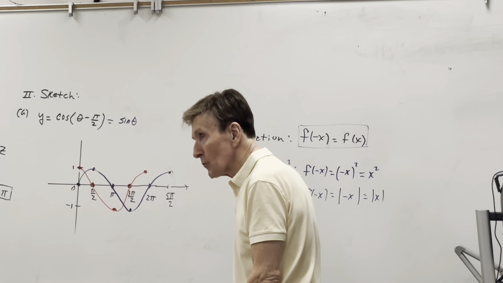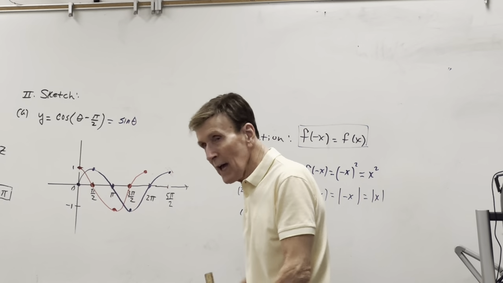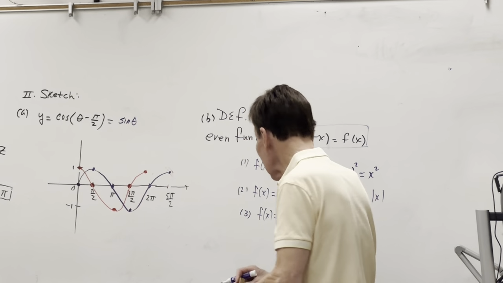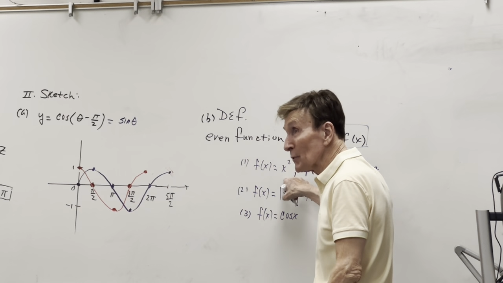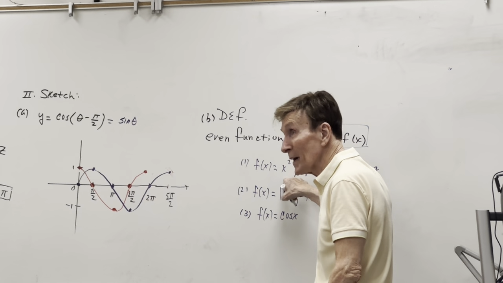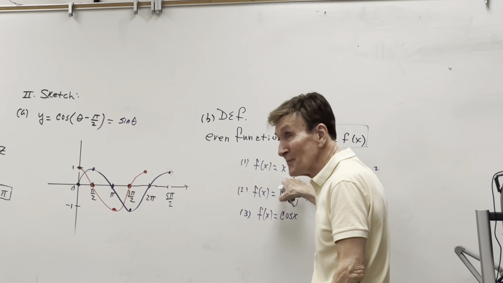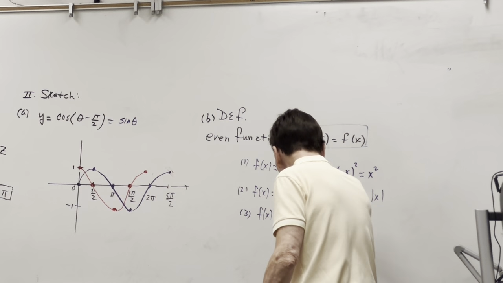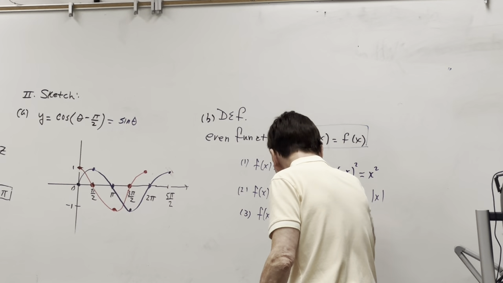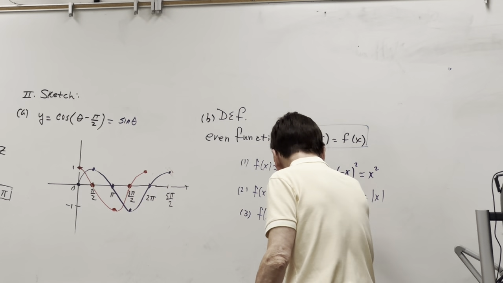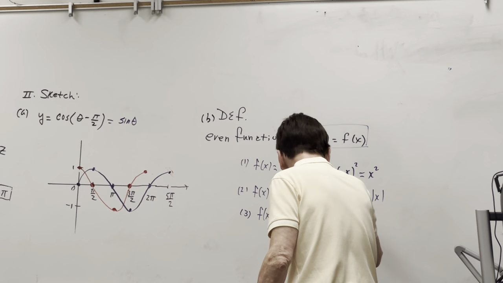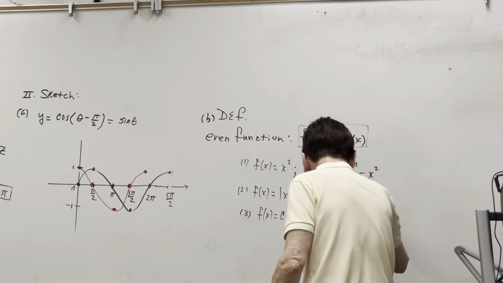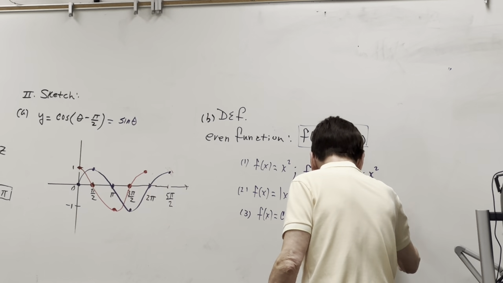Now, I need a rationale. She says she thinks that's even. I'm going to agree with her. Cosine's an even function. You say, Professor, it's not as easily done as this. I can quickly replace x with a negative x up here in this x squared, and it takes you right back to where you started. Are you telling me, Arena, that if I take f of a negative x in cosine, it looks like cosine of negative x, it takes me right back to where I started?